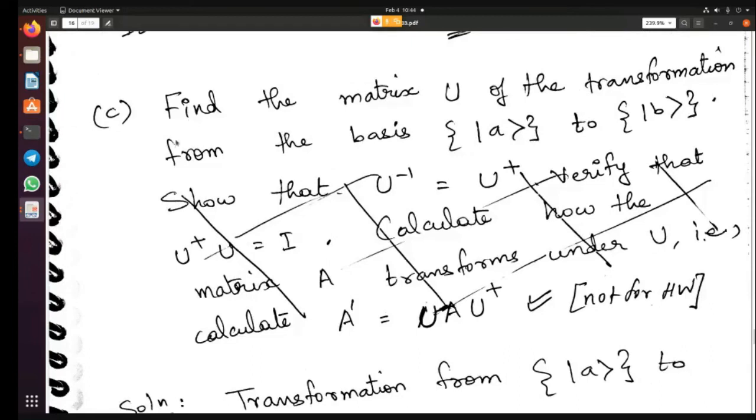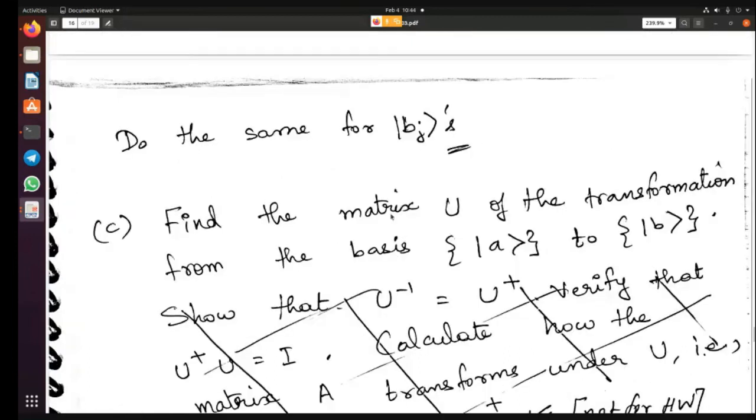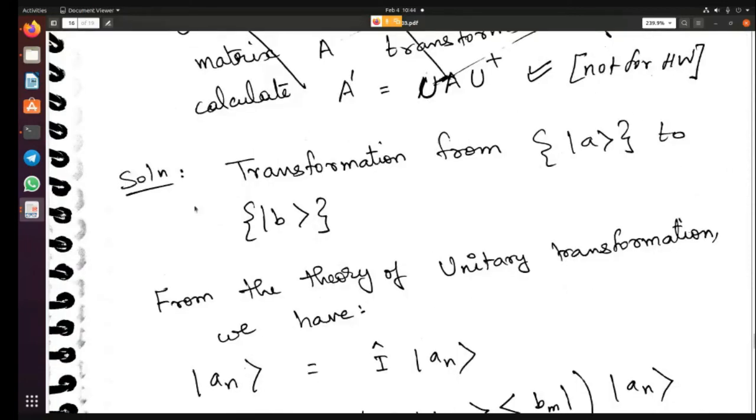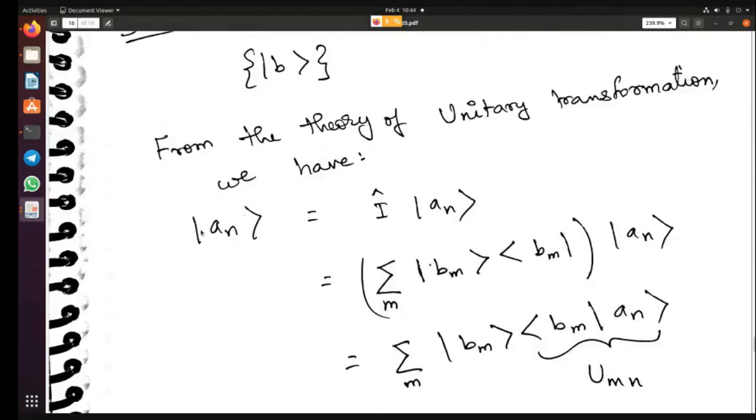And then they're asking, okay, find the matrix U of the transformation from the basis A to B. So you want to transform the basis A to some new basis B. How will you do that? This is where you get to unitary transformation, the transformation from A to B. From the theory of unitary transformation, if you have an |An>, you can always write |An> as I, the identity operator, acting on |An>.